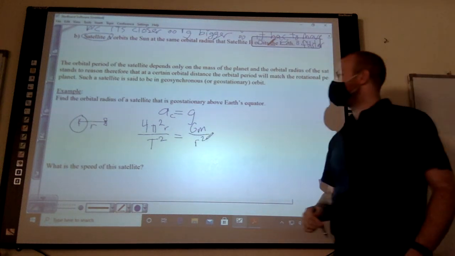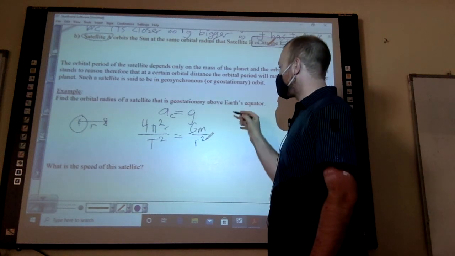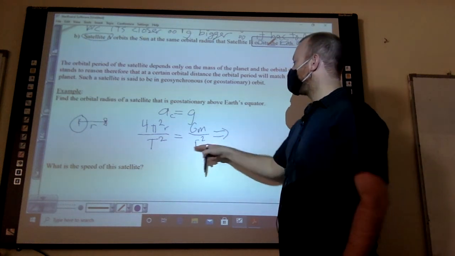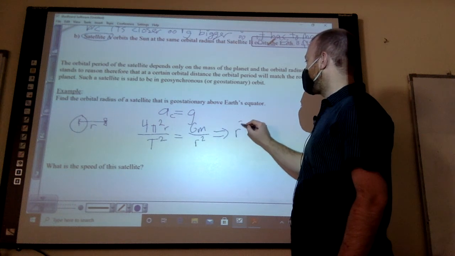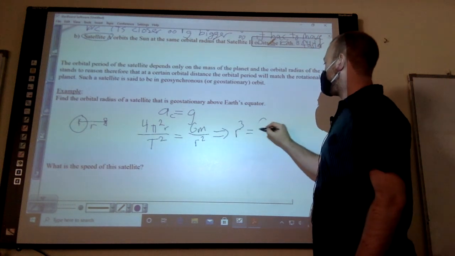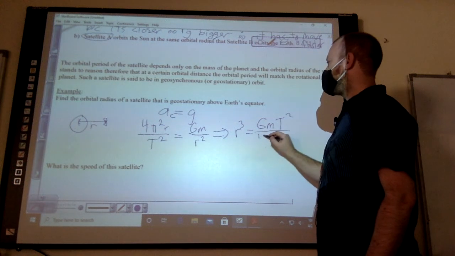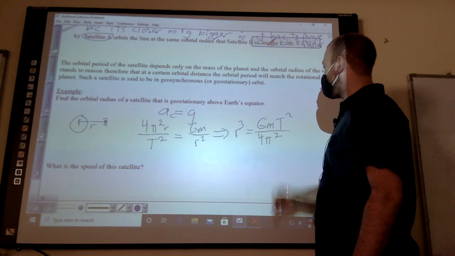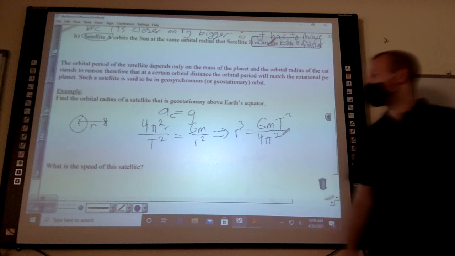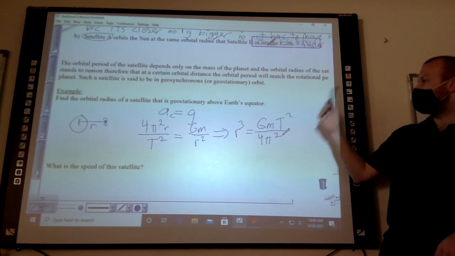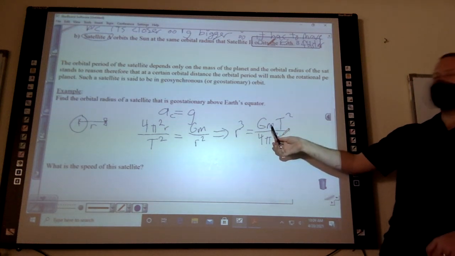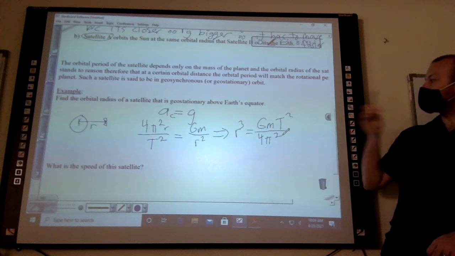So I'm going to show you the algebra for this just so you can see where it comes from. I'm going to multiply r squared onto this side, and get r cubed equals GM T squared over 4 pi squared. Do I have everything? Do I have capital G? Yep, obviously. Mass, what's the mass in this case? Earth, okay.